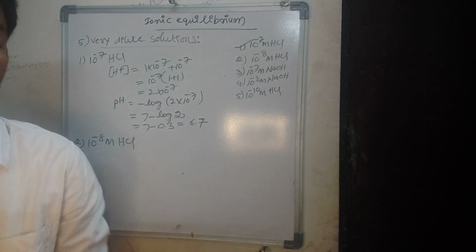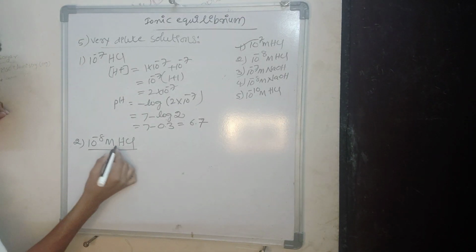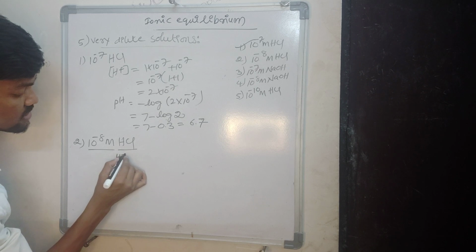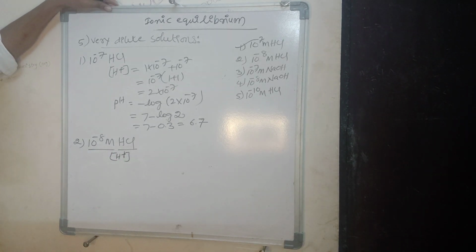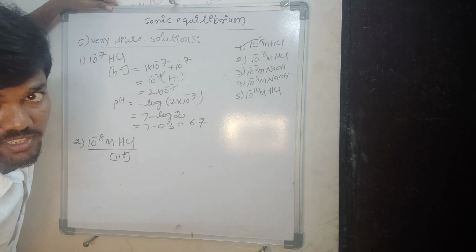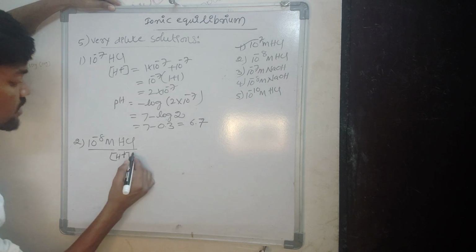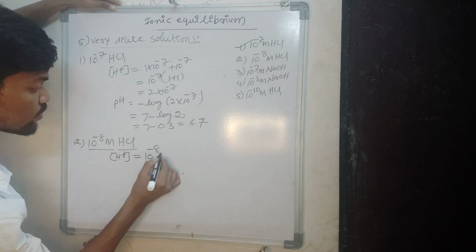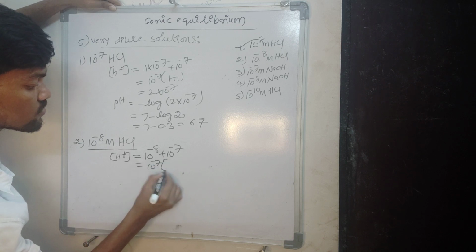10 power minus 8 M HCl. What is the H plus concentration here? It is also nearest to 10 power minus 7, so it is not negligible. So we have to add the water H plus concentration. What is the formula? 10 power minus 8 plus 10 power minus 7. Common one, 10 power minus 7.